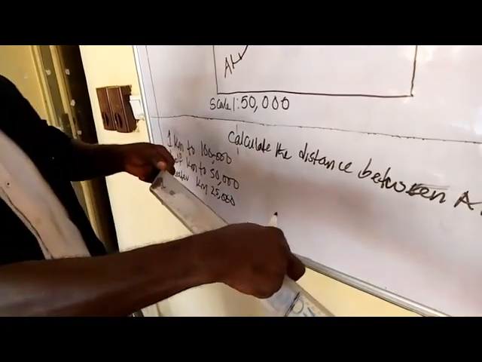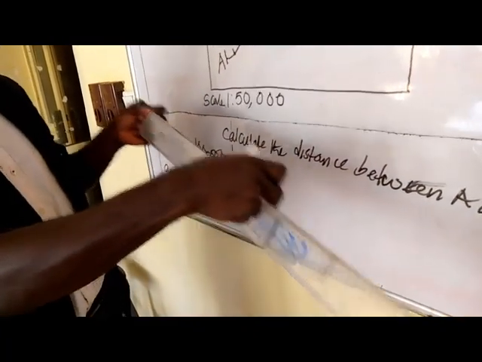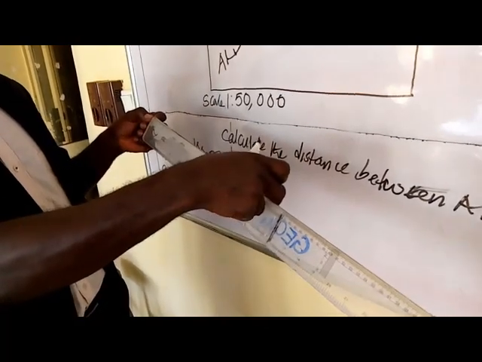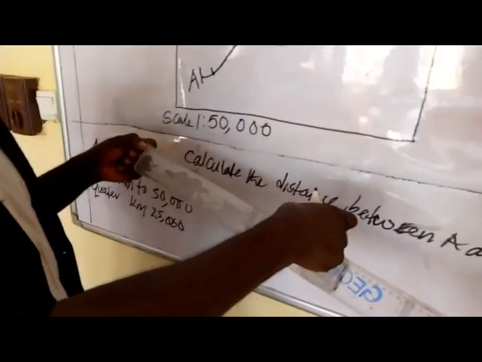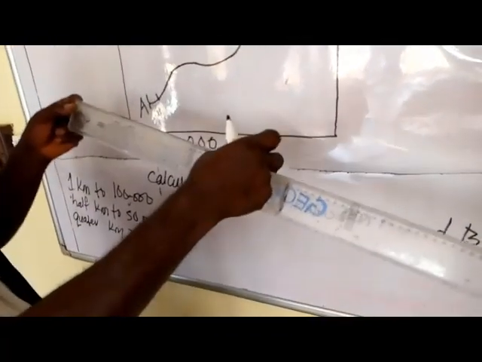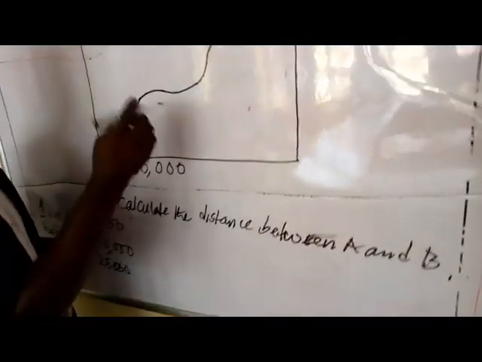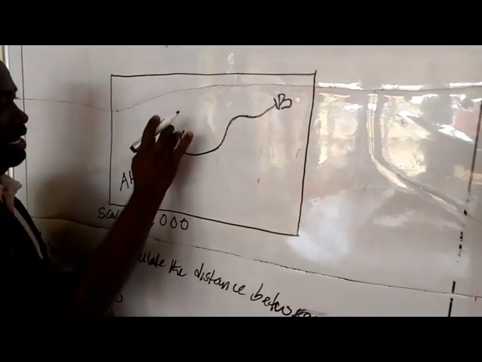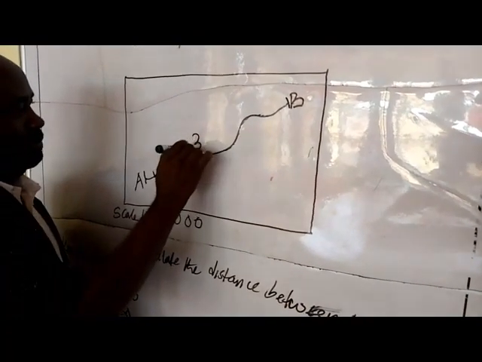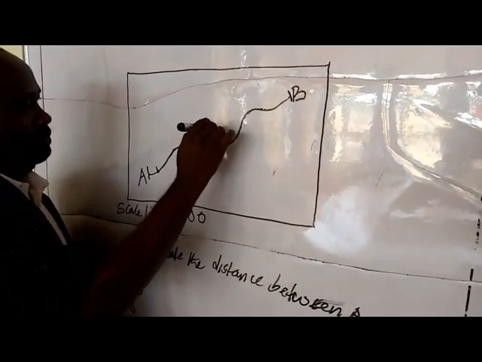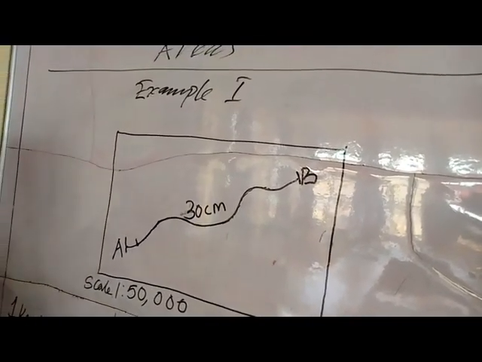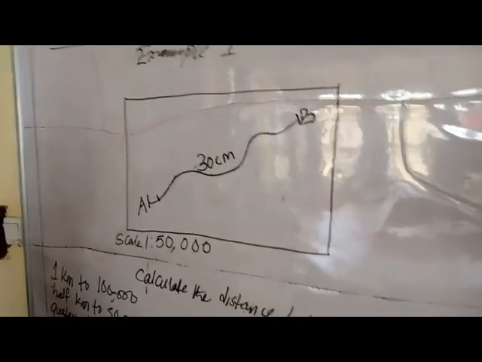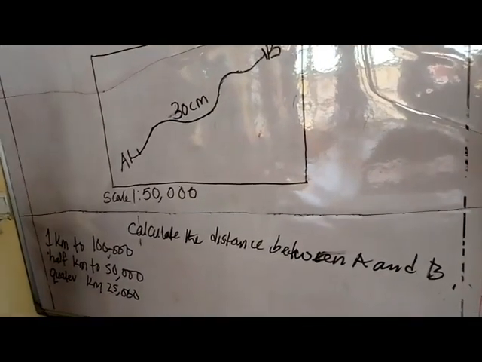When we stretch it, whatsoever you have, that is your measurement in centimeter. Now let's say we have 30 as it is here. You just come here and write 30 what? Centimeter.